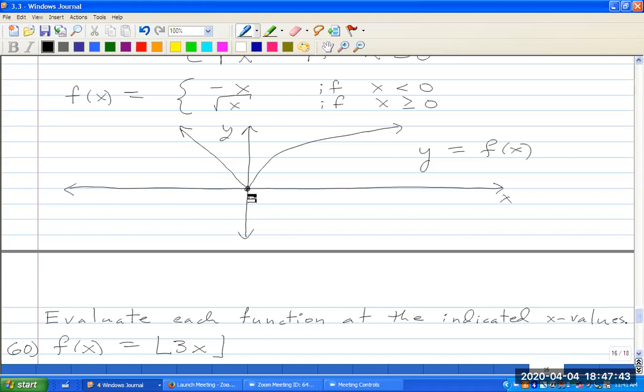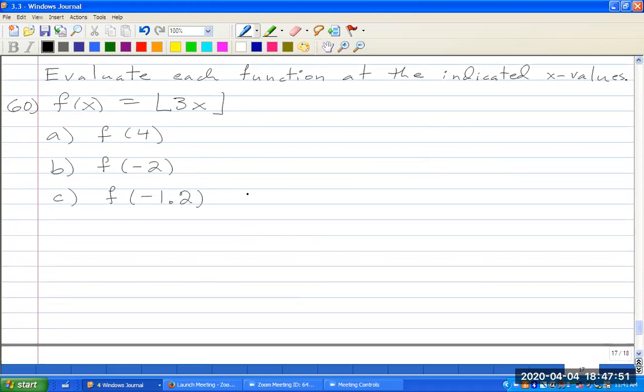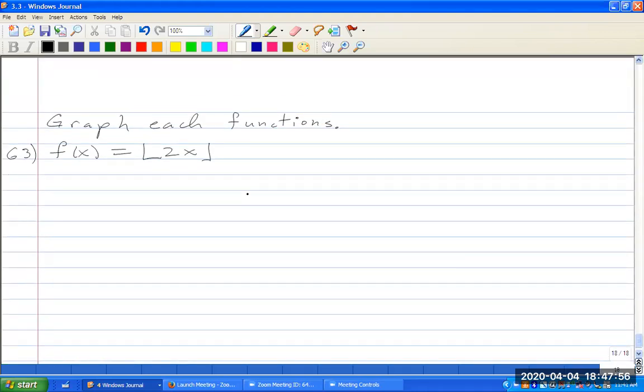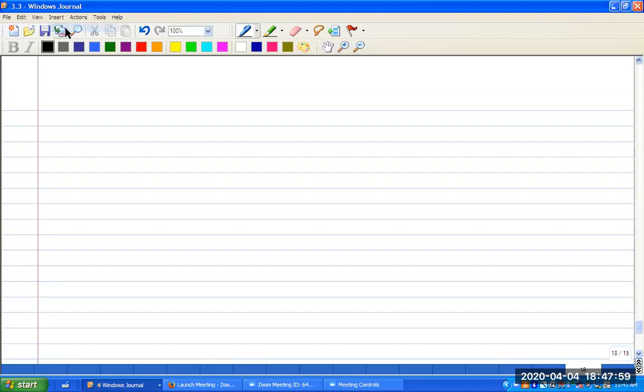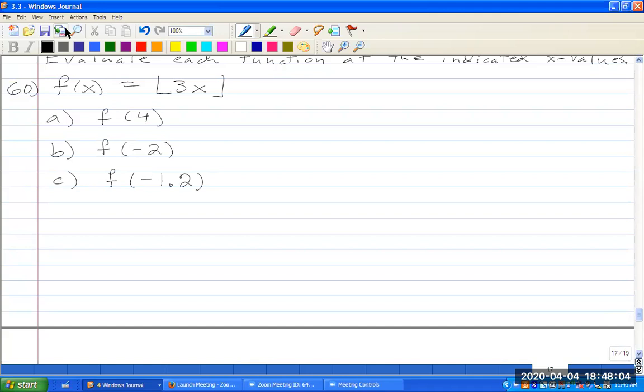Let me do problem number 60. So this was actually much faster than the other one. I didn't have to do that much. So problem number 60, evaluate each function at the indicated values. So let me give you some more room here to evaluate this. So for the first part, I want to evaluate f of x, the greatest integer function of 3x.